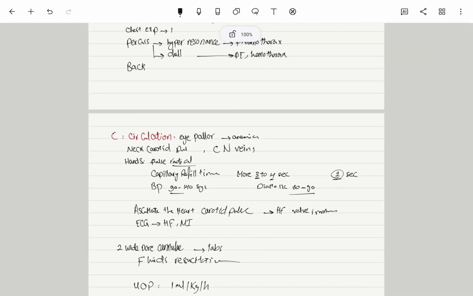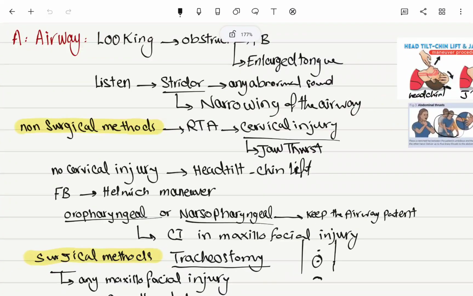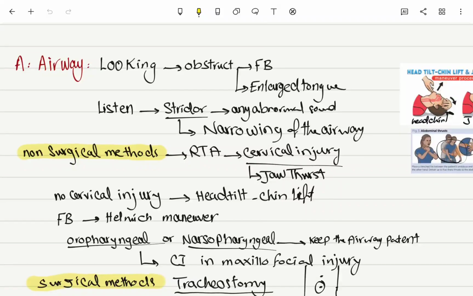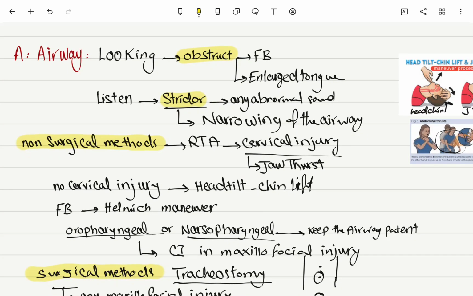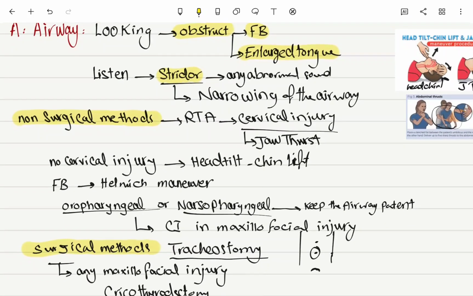Okay, let's recap. Recap the ABCDE approach. Let's start with A. If there is obstruction or stridor, it may indicate that there is something obstructing the airway, like a foreign body, large tongue, whatever the cause, RTA.